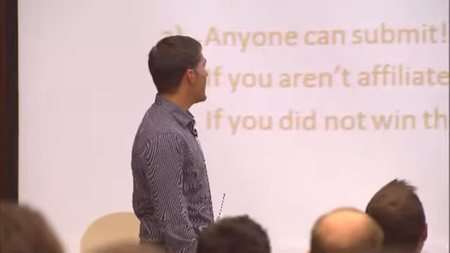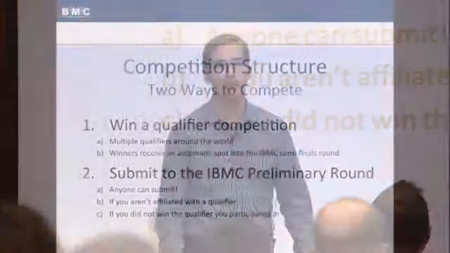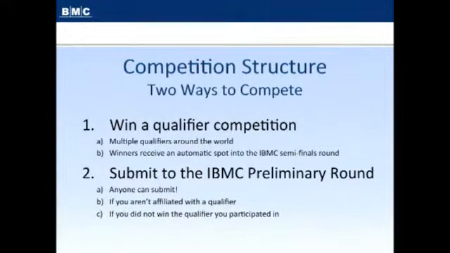The second way is to submit to the IBMC preliminary round. If you don't win a qualifier, you can still submit through our website, which I'm going to talk about later. And if you are not affiliated with a qualifier, maybe you're from a country or a state in the United States that doesn't have a qualifier nearby, you can also submit.